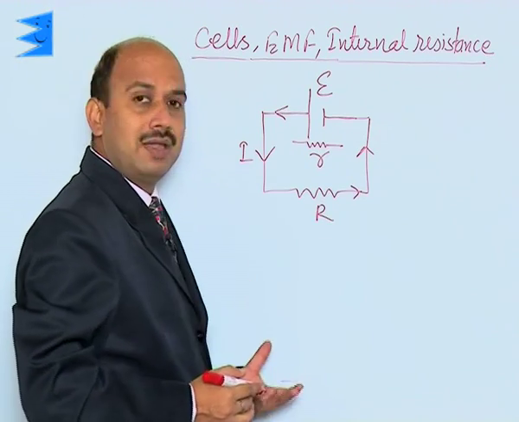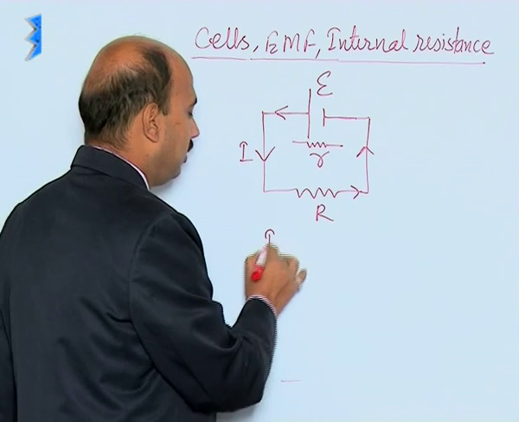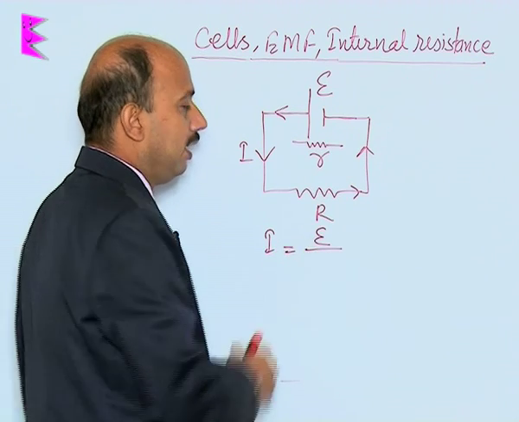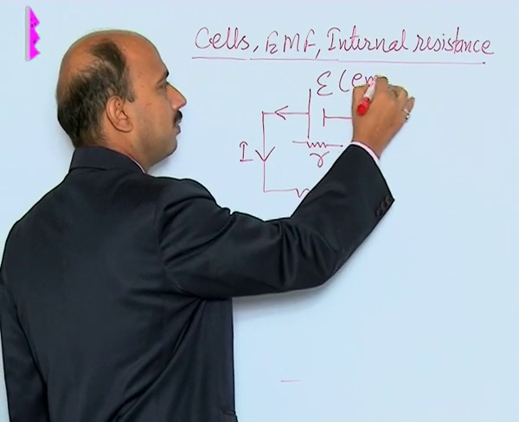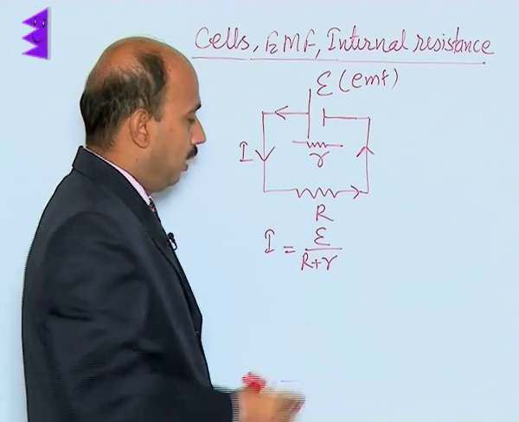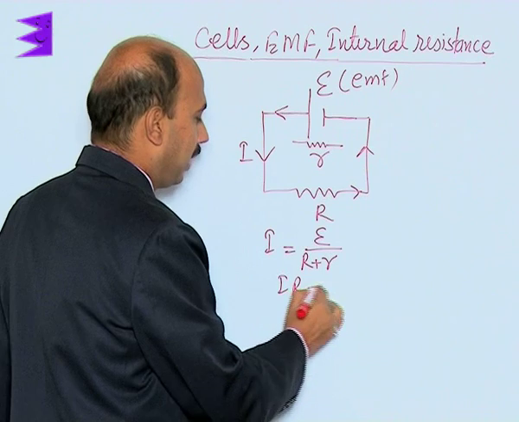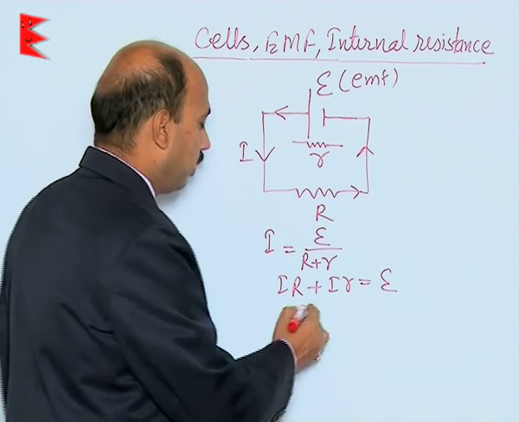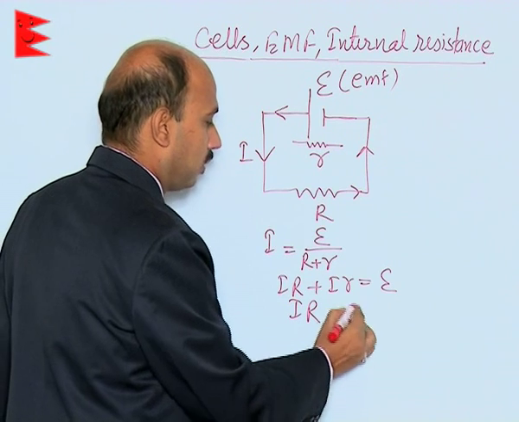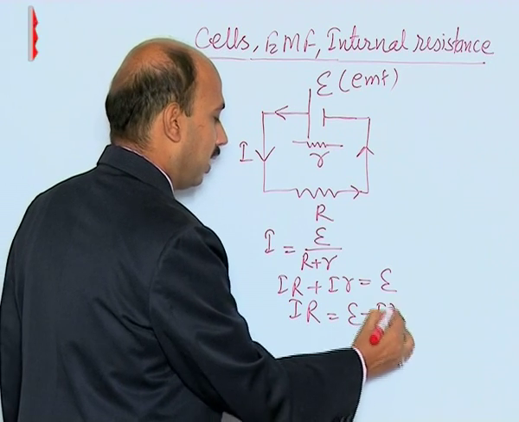So, we can write the total current I is equal to EMF upon R plus r. We can also write IR plus Ir is equal to EMF. We can write IR is equal to EMF minus Ir.